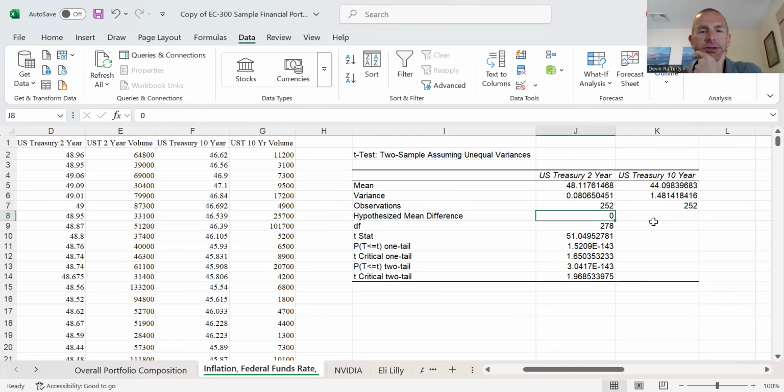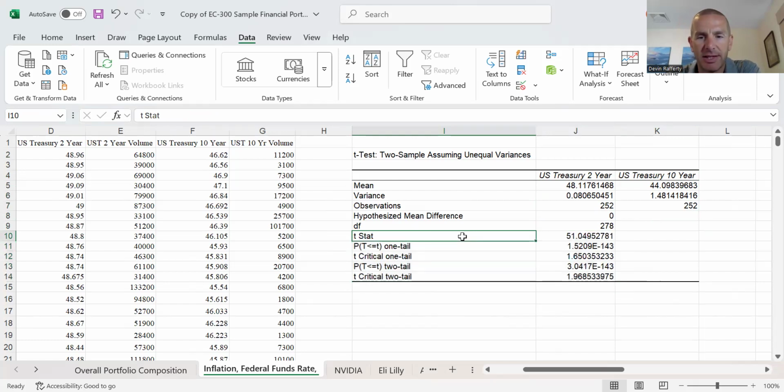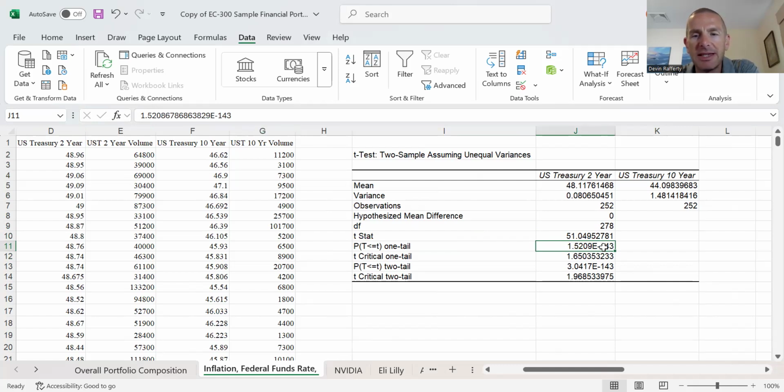Hypothesized mean difference is 0, degrees of freedom, but this is the good stuff right here. T-stat, that's our test statistic. Then we have a p-value for a one-tailed test. Please note, the p-value is 1.52 times e to the negative 143rd power.